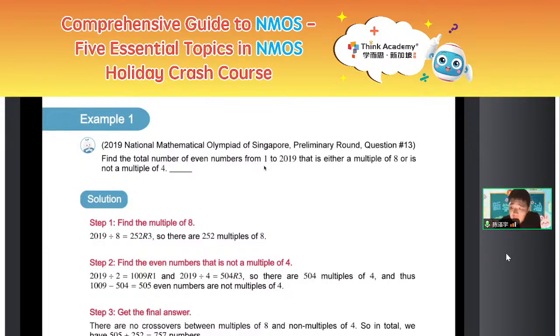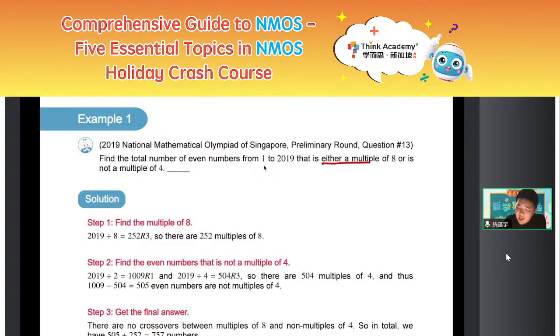Hopefully, it can help you better to understand this question. It says it's neither a multiple of 8 nor a multiple of 4. So here we actually have 2 conditions: multiple of 8 and multiple of 4.